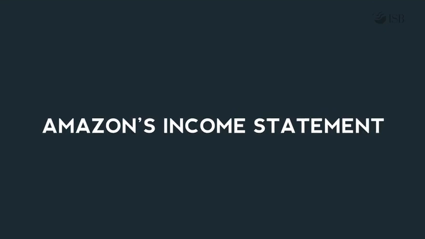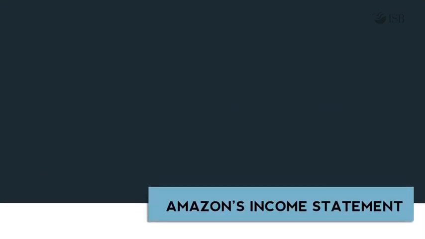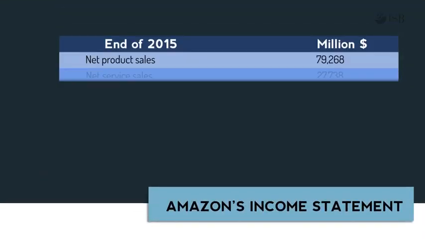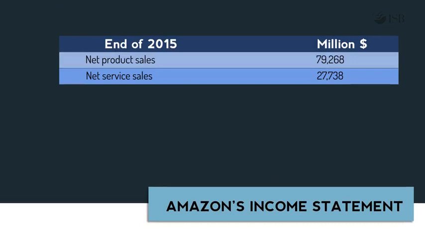Looking at Amazon's income statement at the end of 2015, it had net product sales of $76.27 billion and net service sales of $27.74 billion. Net means that these revenues are net of any returns and net of any discounts offered to customers. Amazon's annual report states that net product sales are those realized from selling its own inventory.